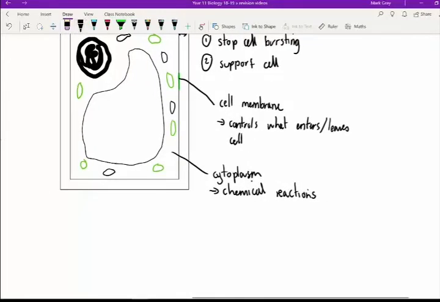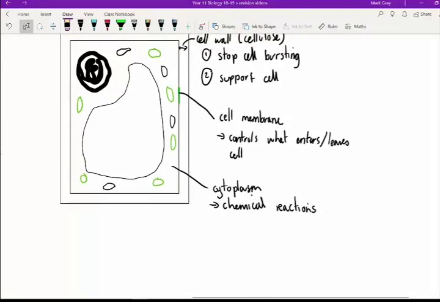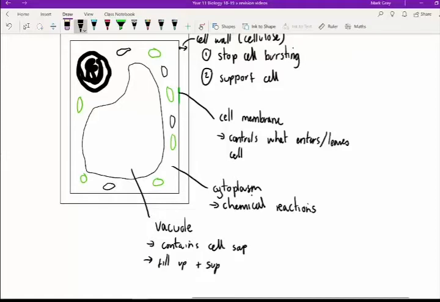Okay, next little bit what we've got is this thing. Now, this is new, only plant cells have this, but this is a vacuole, and this contains cell sap. Now, the purpose of this is that it can fill up and support the cell.